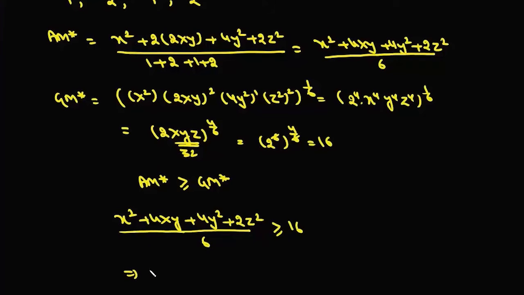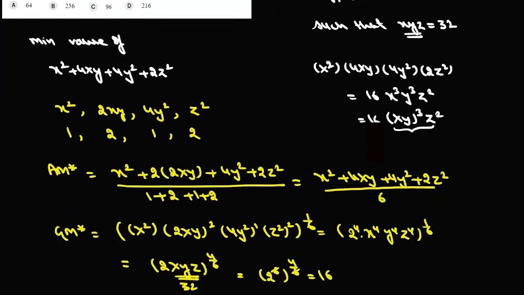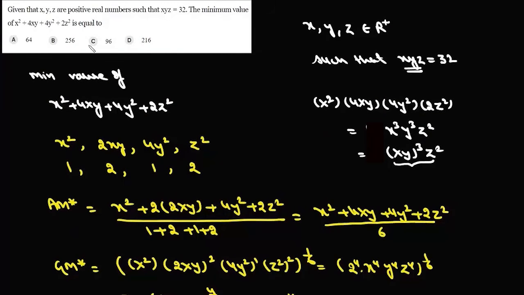So X square plus 4XY plus 4Y square plus 2Z square is greater than or equal to 16 into 6, and it is 96. So the minimum value of this expression is 96. That means the correct option is option C.